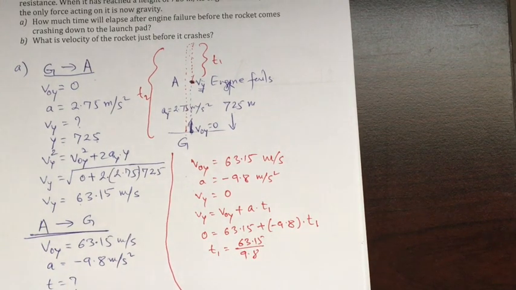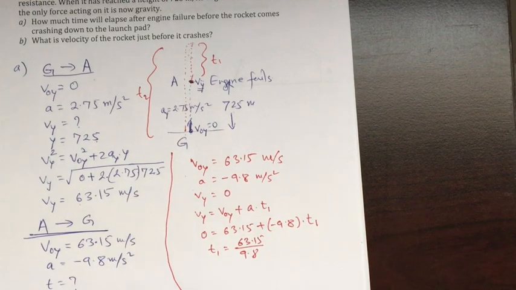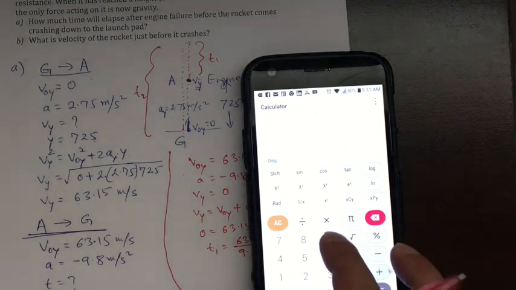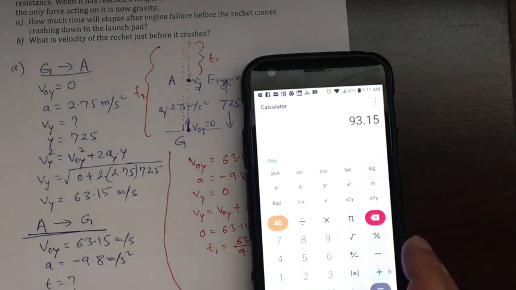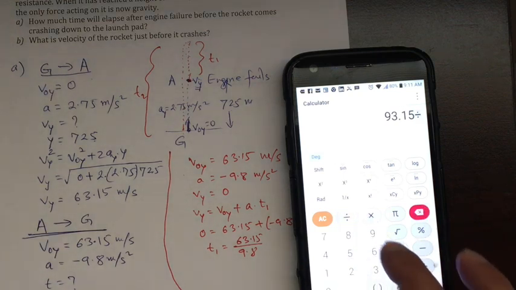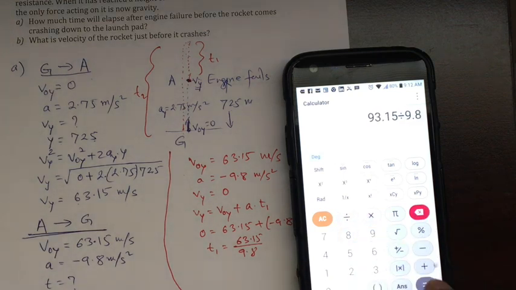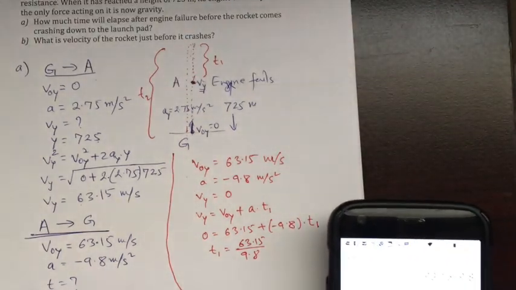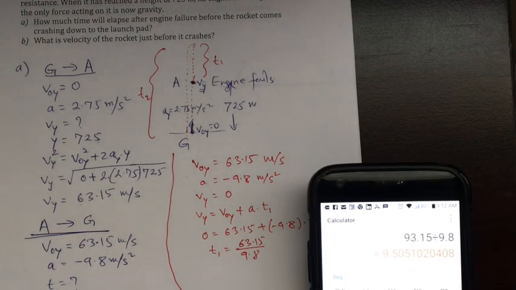So what does it give? 63.15, divided by 9.8. 9.8 will give me 9.5 something. 63, what did I do? 63.15.